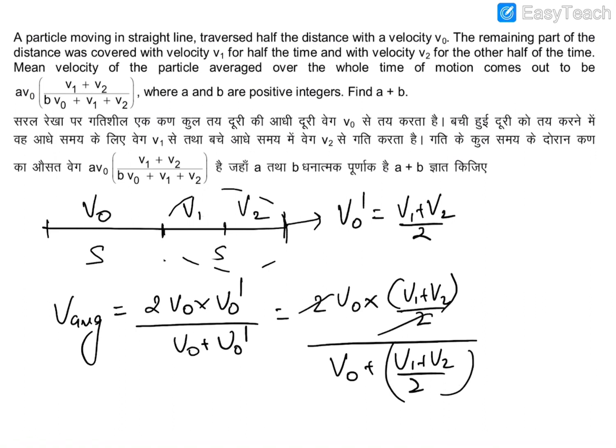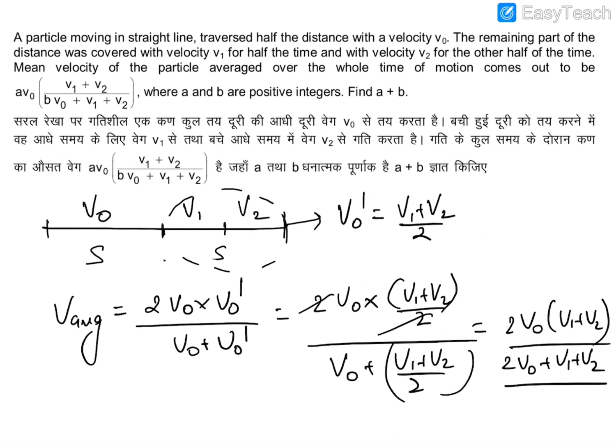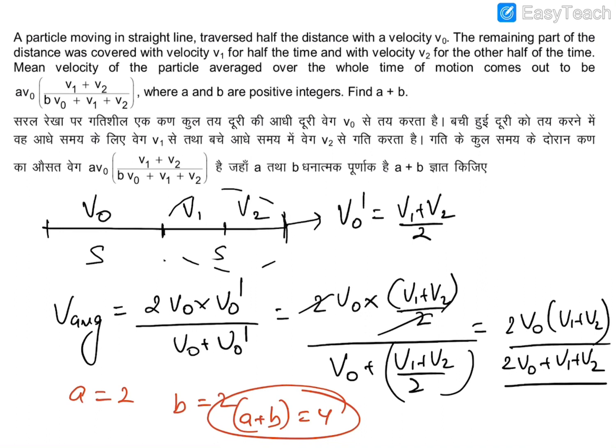So this would be 2 V naught into V1 plus V2 divided by 2 V naught plus V1 plus V2. So you can see that A is equal to 2 and B is equal to 2. So A plus B is equal to 4. So the correct answer is 4. Now we move on to the next question.